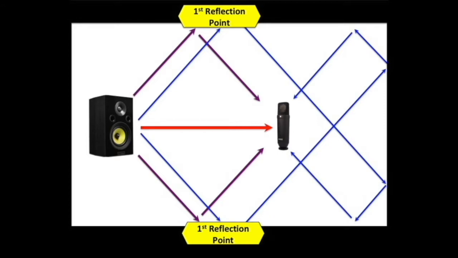In this diagram, we can pretty easily see what is often referred to as the first reflection point. And if you want to know more about reflection points, you can find lots of information on YouTube and the internet. And as the name implies, there are other reflection points in a room. And again, in this diagram, it's easy enough to see where other reflection points would be. So these are the places where you would want to install acoustic treatment, right? You know, it makes sense. In this video, we'll focus on the first reflection points.